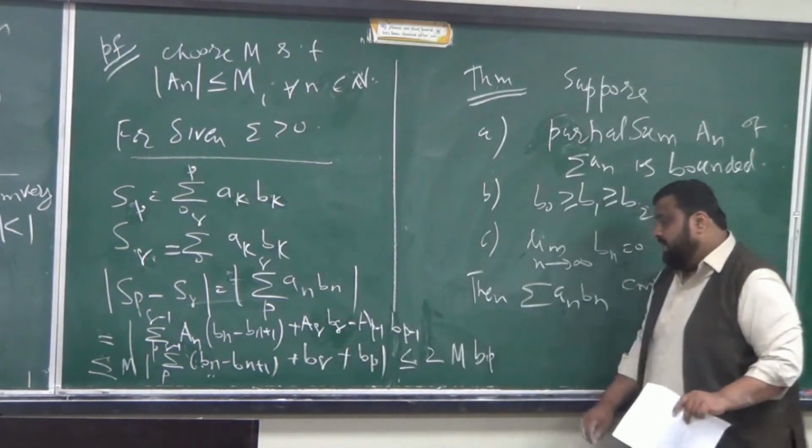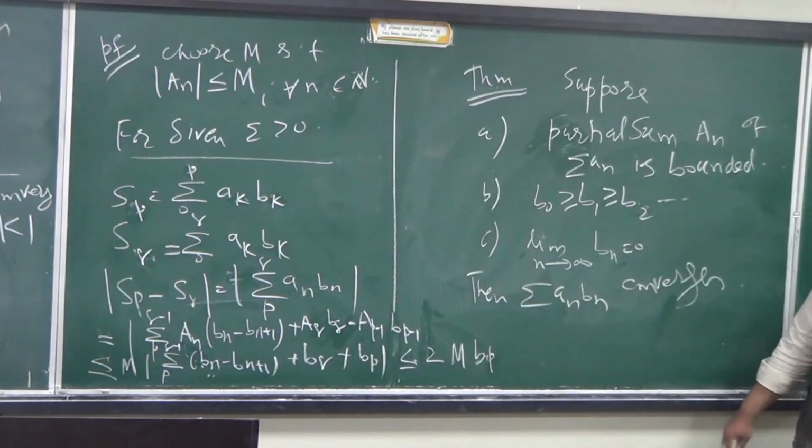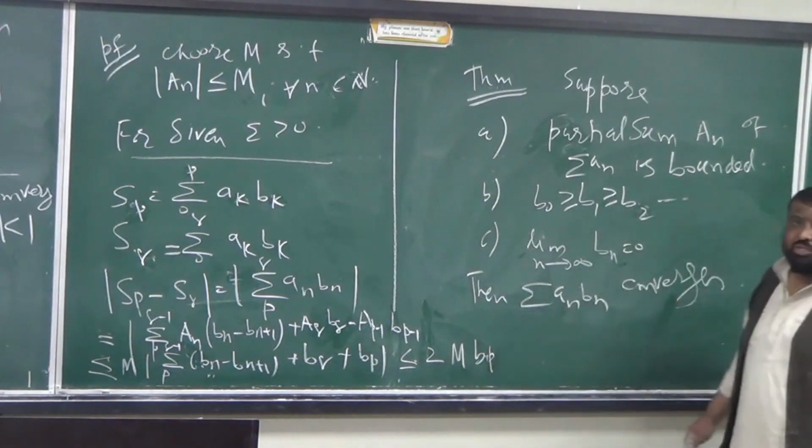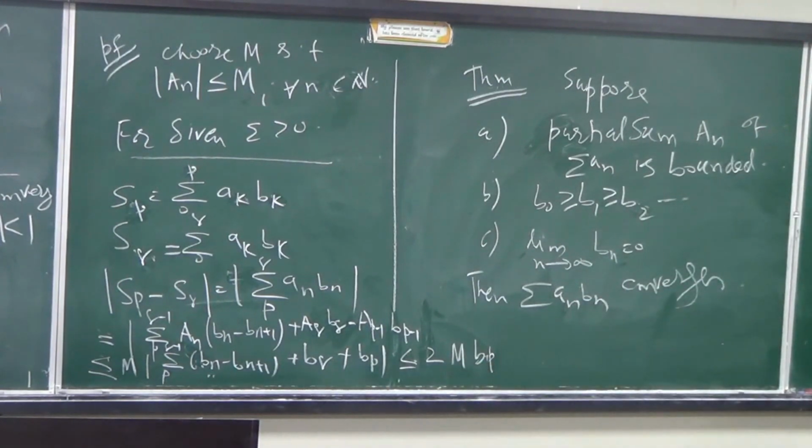And what I want actually is to make this smaller than epsilon. How can I do it? Can I make it smaller than epsilon? I can make it.